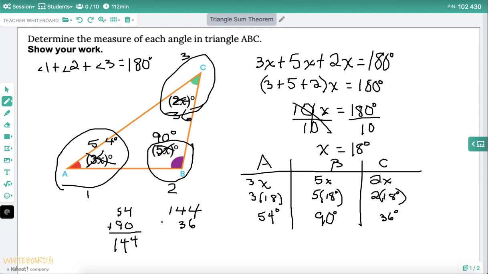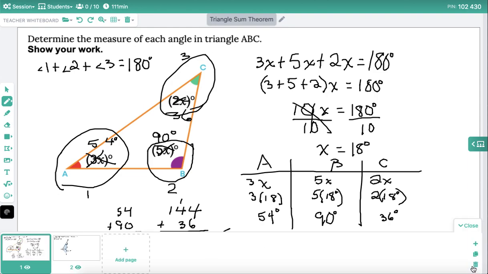And can you guess what I'm supposed to get? Well, if you guessed 180, that's what we're going to get. 4 plus 6 is 10. Bring down the 0, carry the 1. 1 plus 4 is 5. 5 plus 3 is 8. And then it's 1 plus nothing. So there's 1. So it's perfect. It checks out. Sure enough, all three angles add up to 180 degrees. We are done. That is what you would do for this problem.